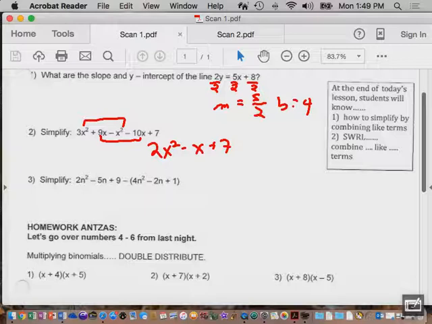Now we get to what was the cornerstone of the last 2 lessons, where we said there's really a 1 in front of the package, and I have to distribute the 1 to all terms, a negative 1. So I get 2n squared minus 5n plus 9. This is all before the negative sign, so I don't change anything. Now, negative 1 times 4n squared is negative 4n squared.